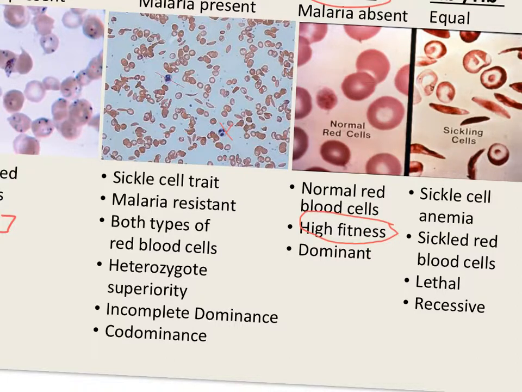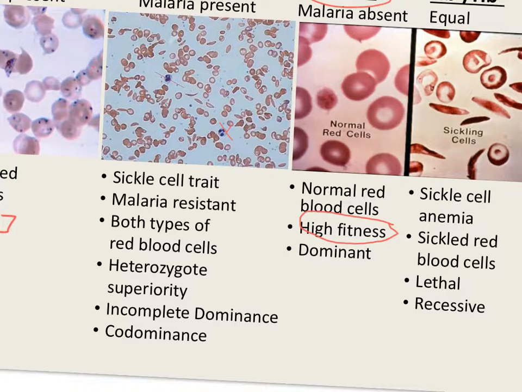Let's say I had a situation where we had people whose ancestors had grown up in an environment where there's malaria, and there was a fairly high incidence of HbA, HbS, the heterozygote, and HbS, HbS, sickle cell anemia.